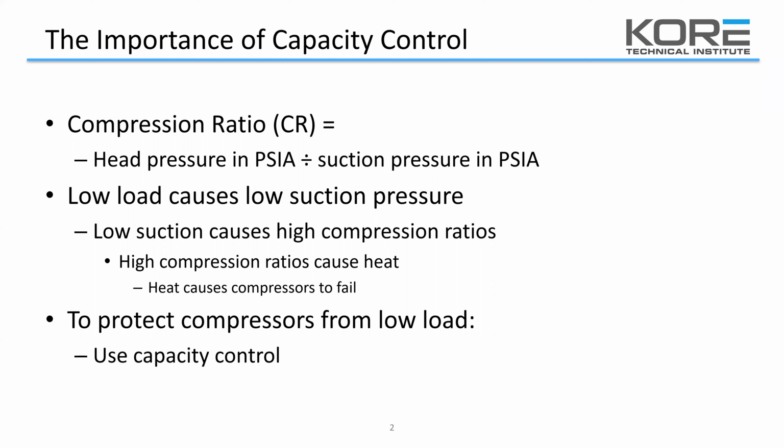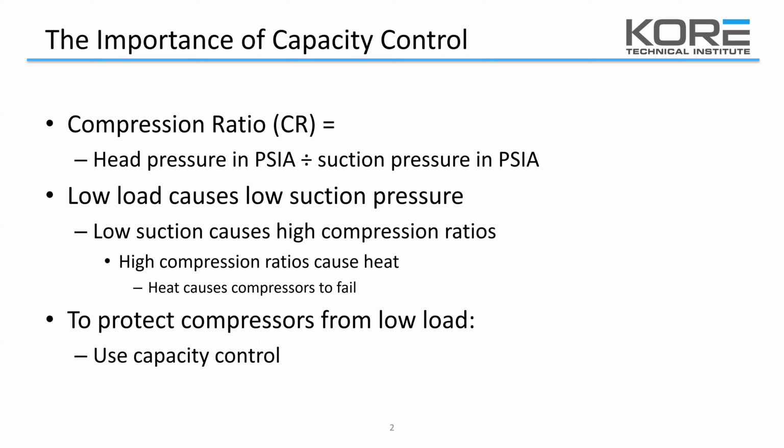And then there's several different things that'll cause your compression ratio to vary. One of the most obvious is a low load. So when you start restricting the amount of refrigerant the compressor is seeing, the suction pressure drops. Now, typically the condensing side is going to stay up high or higher than normal.